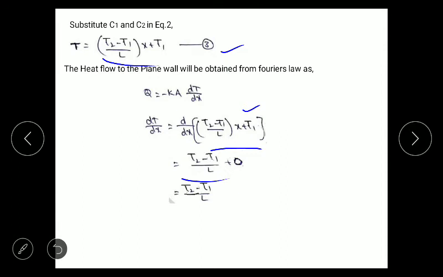Now we have obtained dT by dx. Substitute this dT by dx in the q equation. Q is equal to minus kA in place of dT by dx, T2 minus T1 by L. Now the equation, let us eliminate this negative symbol. In order to do that, I can write this equation as q is equal to k into A into T1 minus T2 by L. I make minus common from this.